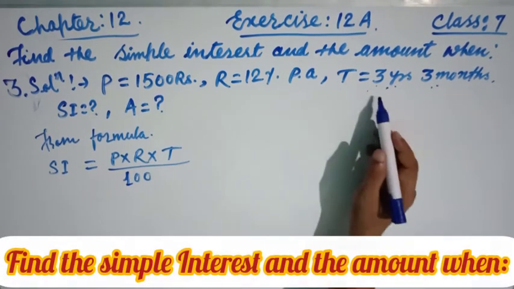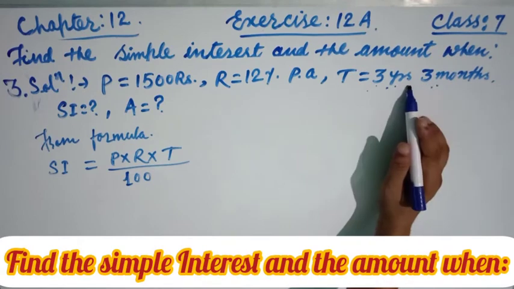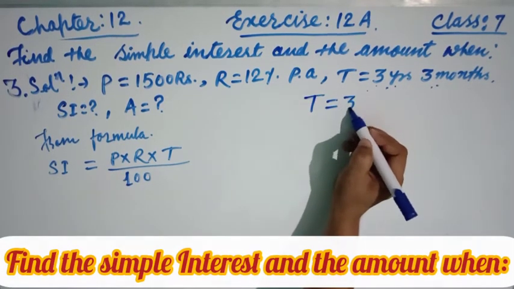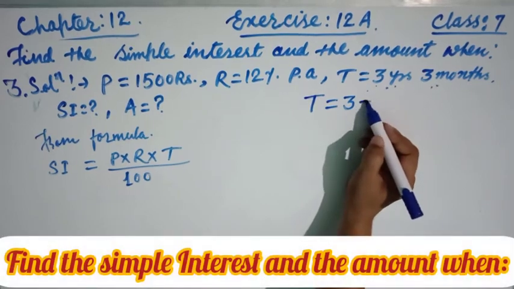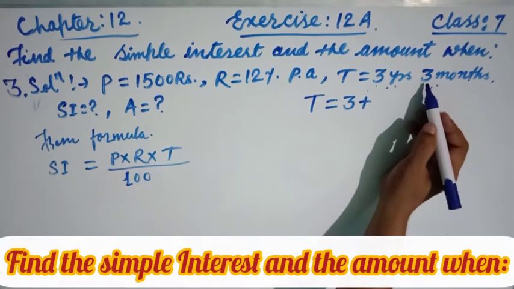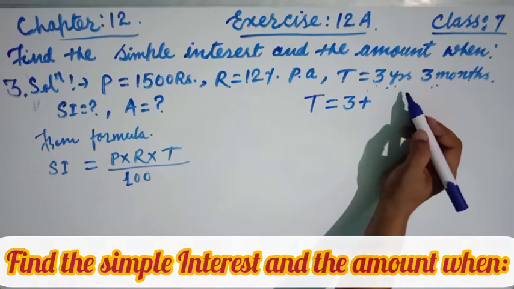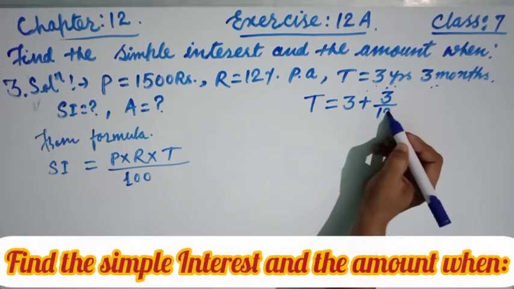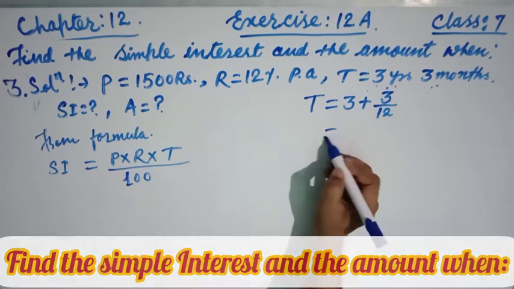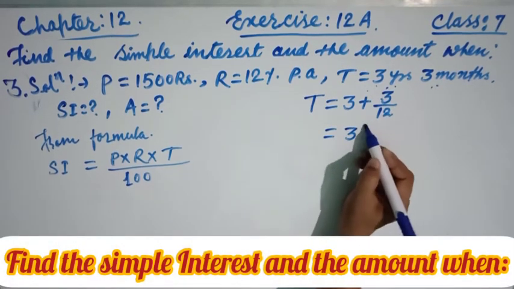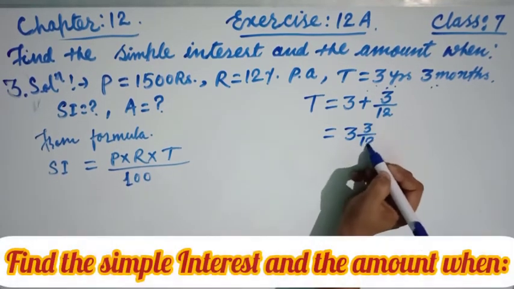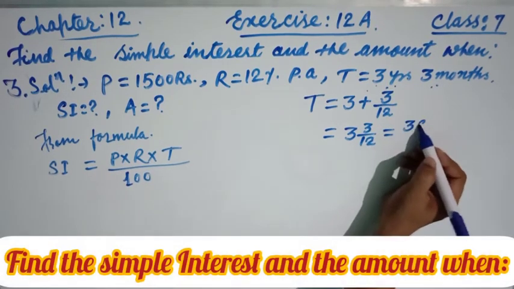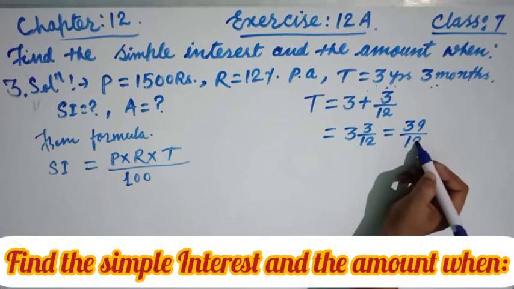So we have to change this month in terms of year. Now see friends, here the T, 3 years as it is, then plus the 3 months. So we have to change these 3 months in terms of years, that means we have to divide 3 by 12. Now calculate this. So this becomes 3 and 3 by 12, so this is 39 divided by 12.